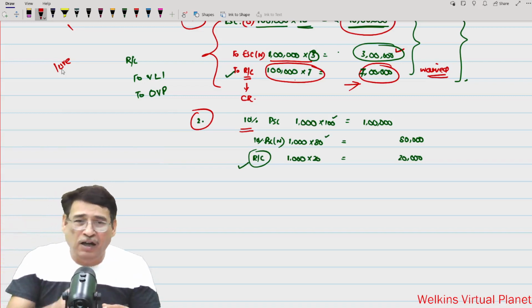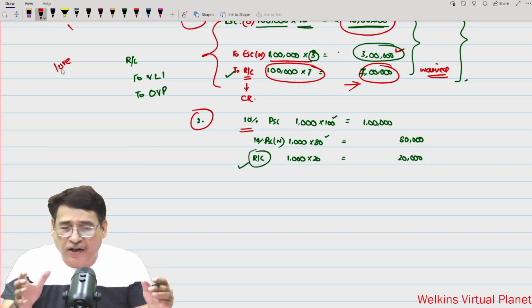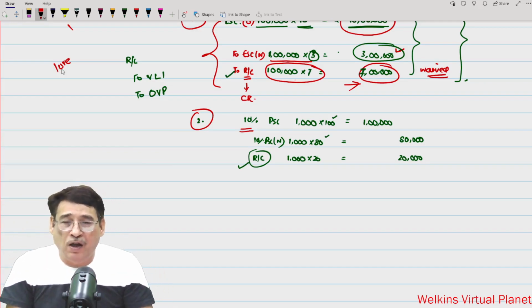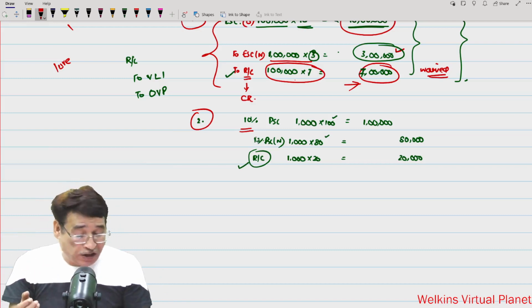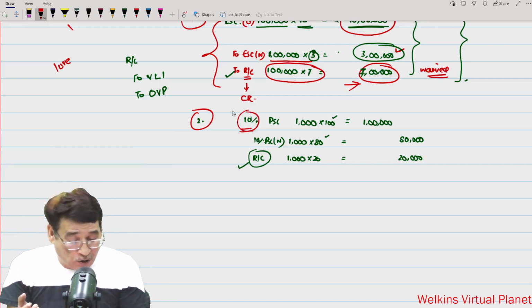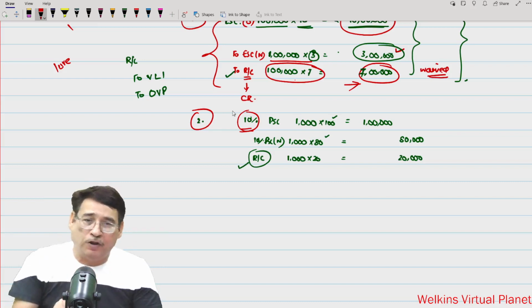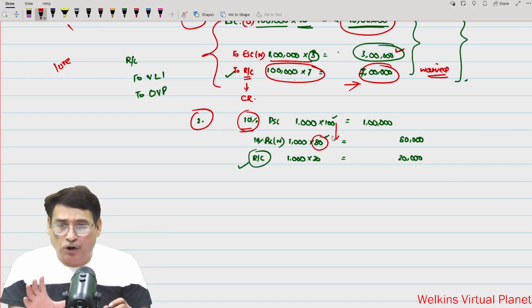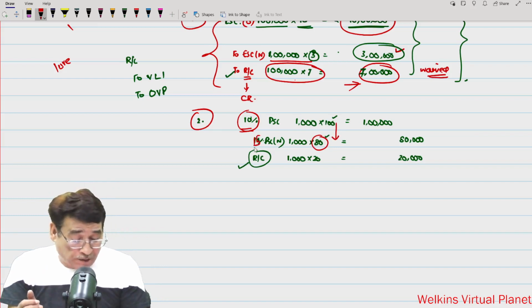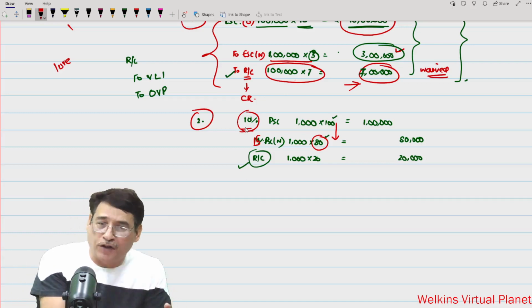Similarly here, in order to lure, in order to attract the preference shareholders, we give them a sort of greed. The greed is this: right now, let us say you are 10% preference shareholders. The company will tell them, we will convert your share from 100 to 80. But don't worry, we will increase your rate of dividend, let us say from 10% to 15%.